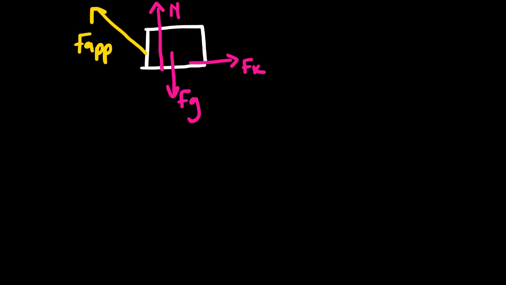Then looking at a free body diagram, we are going to put a dot, and then we have our kinetic friction in this direction. We have Fg, we have normal force, and then we have our force applied here.